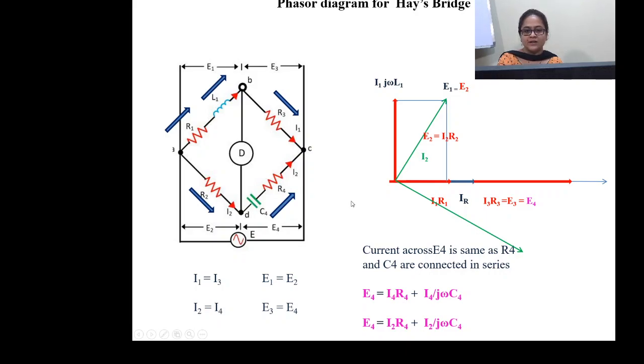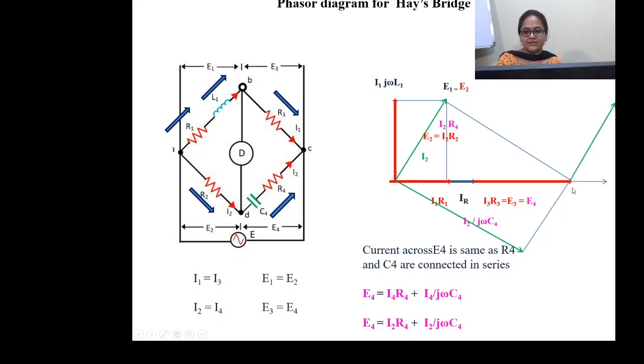We'll move towards the resistor part. For the resistor, I2 is known to us, that is I4 is known to us. This is the same phase for the voltage across the resistor. So I2 upon j omega C4 is the line for voltage across the capacitor, and I2 R4 is the voltage across the resistor. Adding these two by the parallelogram law of addition of vectors, we will get E4. So this is nothing but the phase for E4.